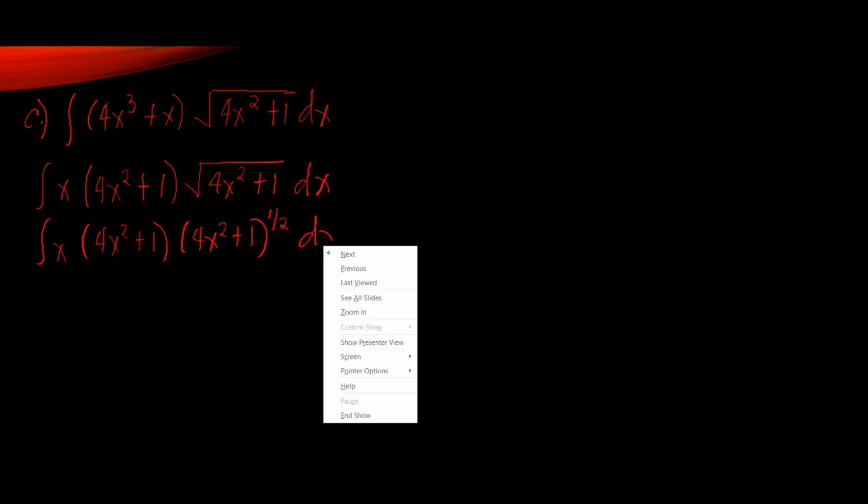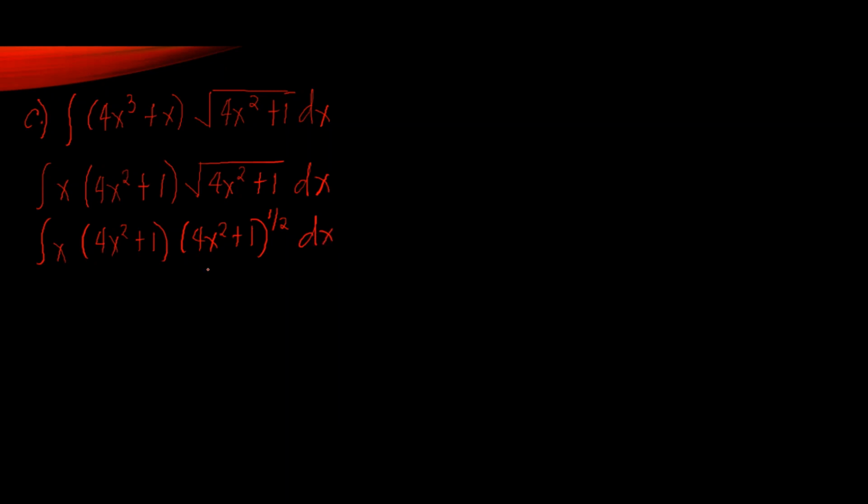Ngayon, pwede natin silang pagsamahin. We can rewrite this 4x squared, square root of 4x squared plus 1 into this one. So 4x squared plus 1 times 4x squared plus 1 raised to 1 half dx. Napag-aralan nyo to sa engineering 10 sa pre-calculus.